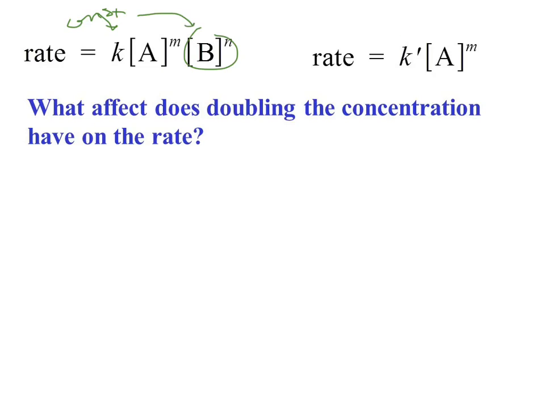Anytime you see that prime, that's a pseudo constant. If something's a pseudo constant, it's kind of like a constant. That pseudo constant is equal to the real rate law constant K times the molar concentration of B raised to its reaction order N. That's that.